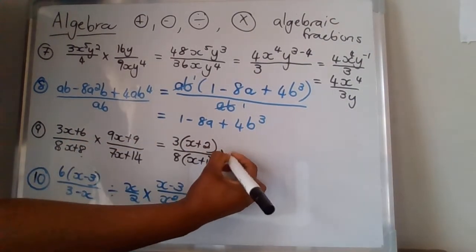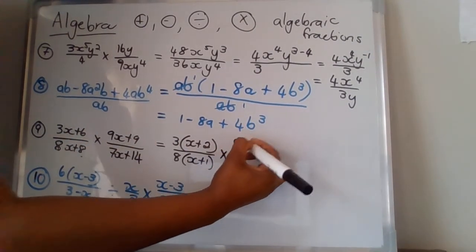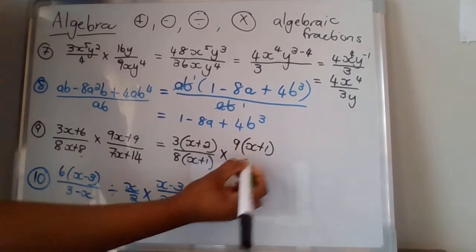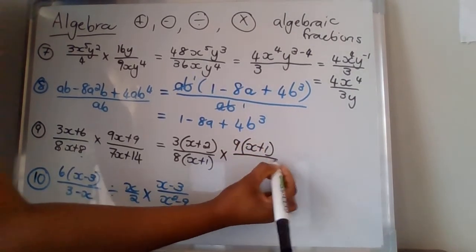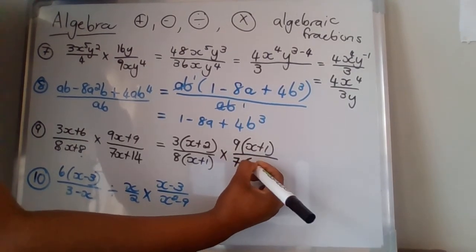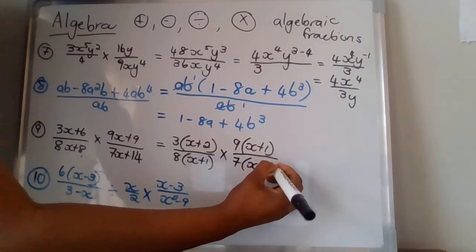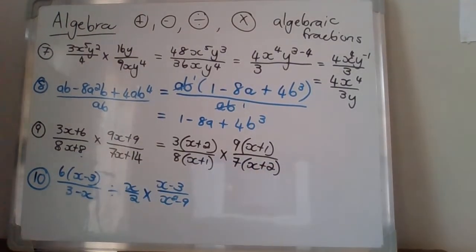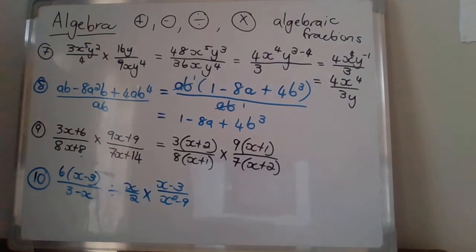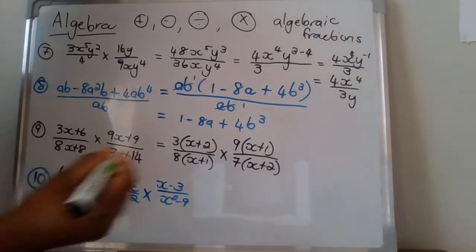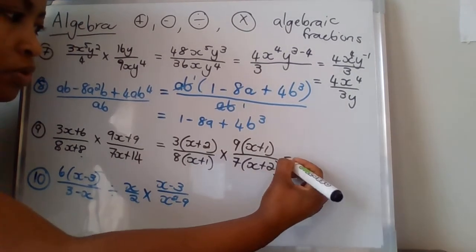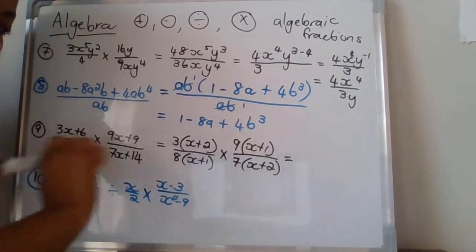Okay, so if I multiply this, I take out 9 as a common factor, then I'm left with x plus 1. Then here, if I take out 7 as a common factor, I'm left with x plus 2 there. All right, and then what can happen? You can then eliminate by crossing out, or you can multiply directly across.